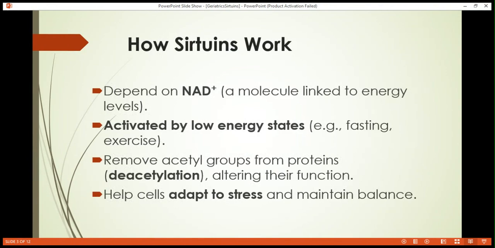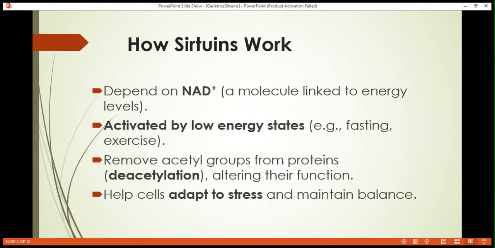So, how do these Sirtuins work? They depend on NAD, which is the dependent enzyme, and this molecule is linked to energy levels. So it gets activated by low energy states, for example, fasting and exercise.